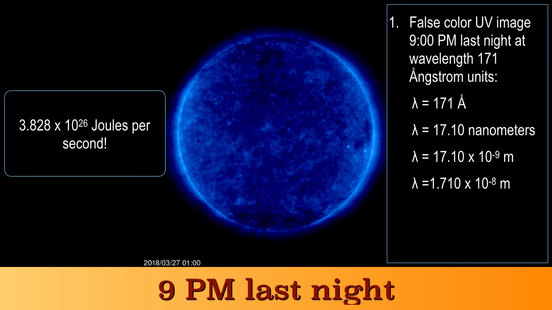And then times 10 to the minus 12, or 10 to the positive 26, or 10 to whatever power. So you adjust the power so that the number part in front is somewhere between 1 and 10, 1 and 9.99, all right? So 17.10 times 10 to the minus 9 meters, yeah, that's nanometers.